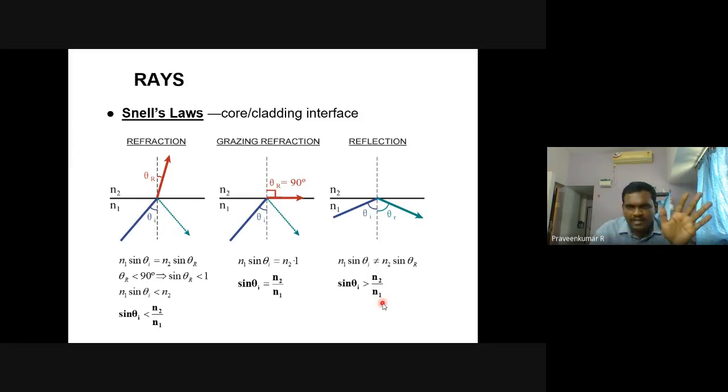That is the basic difference: if it is refraction, less than; if it is reflection, greater than. If it is grazing refraction, where the refracted angle makes 90 degrees, sin theta i equals n2 divided by n1. Okay, clear? Any questions or doubts?